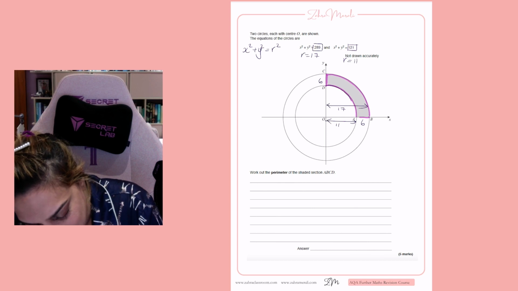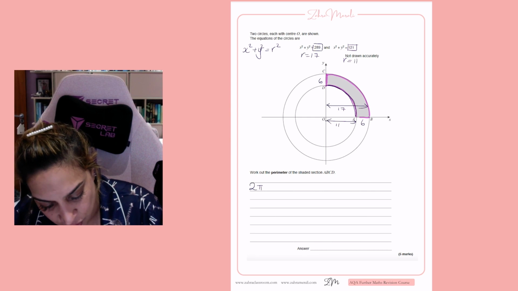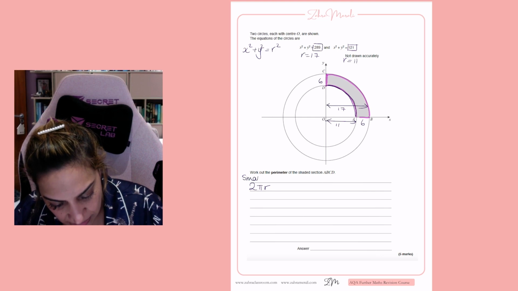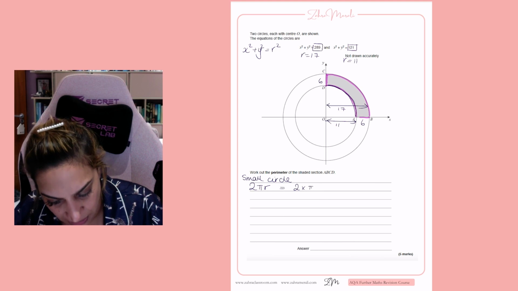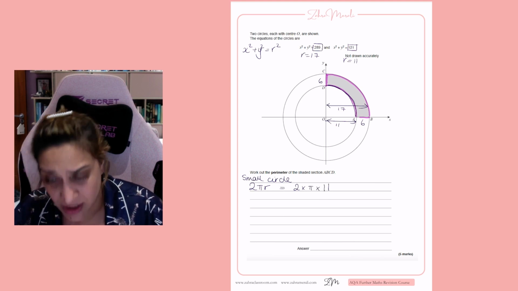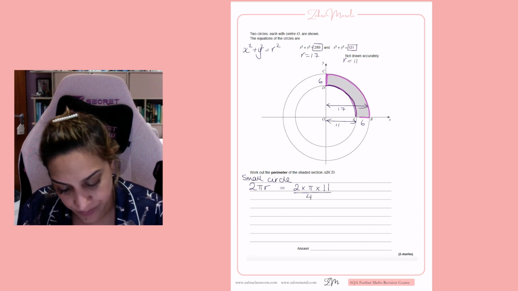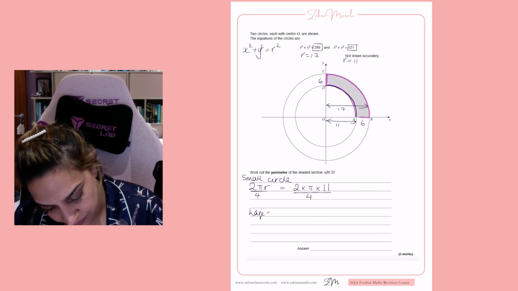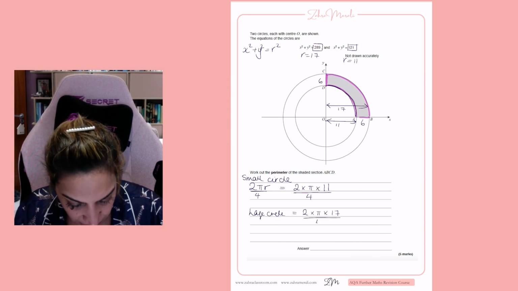This bit here is part of the circumference. If you remember, the formula for circumference is 2 pi r. So the small circle is going to be 2 times pi times 11, but I've only got a quarter of it, so I'm going to divide that by 4. And the large circle is going to be 2 times pi times 17 divided by 4.